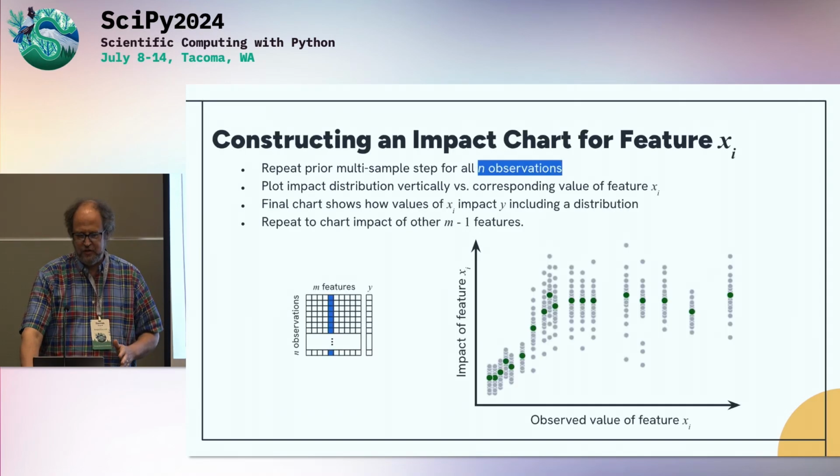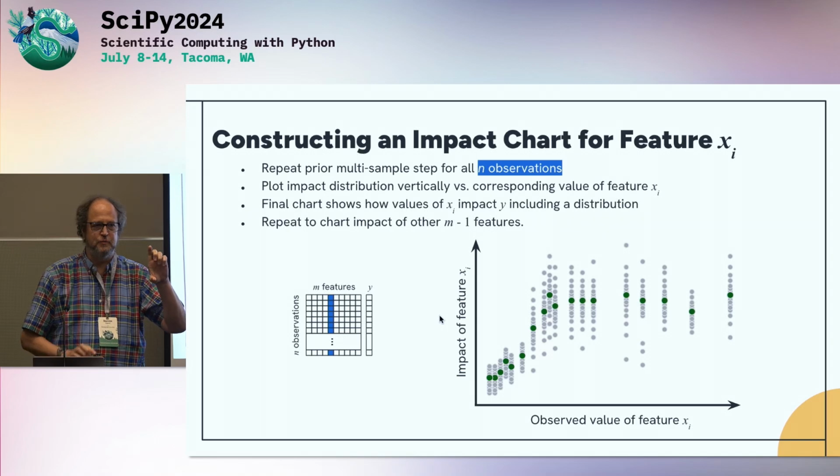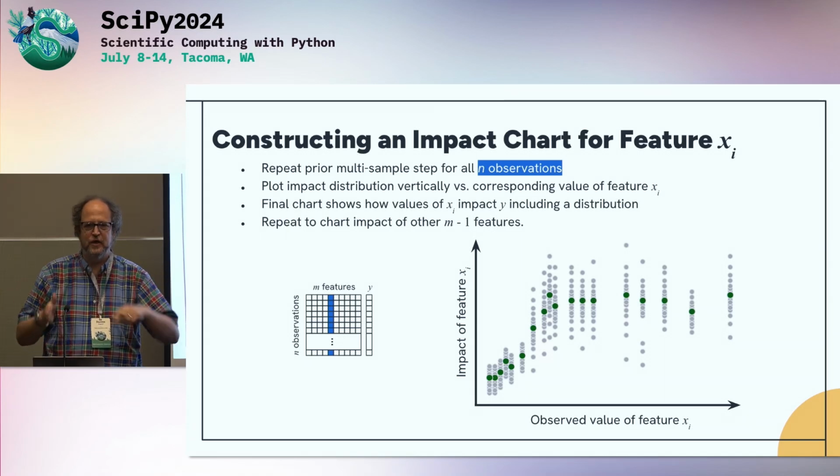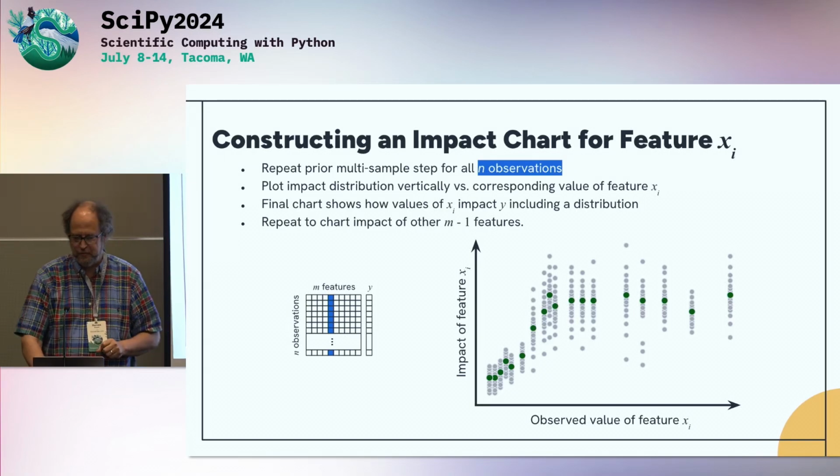And then I'm going to repeat that for all the observations of that particular feature x sub i, and I'm going to plot those vertical distributions on a horizontal axis whose value is the value of the observation of xi that produced that distribution.